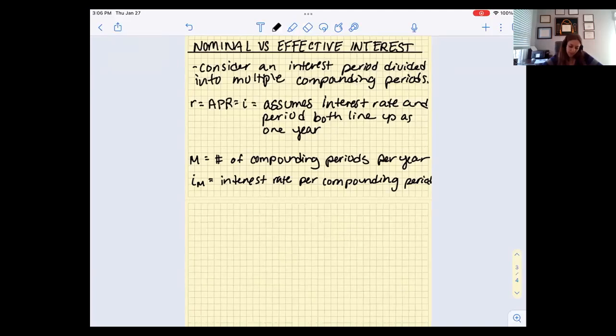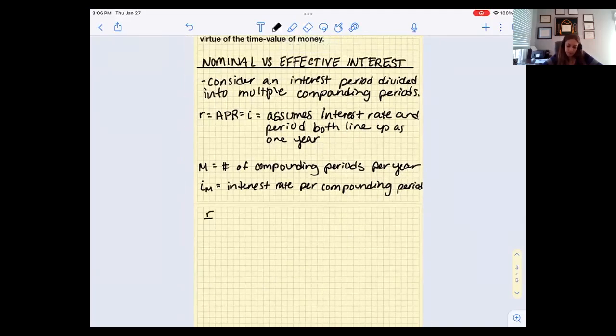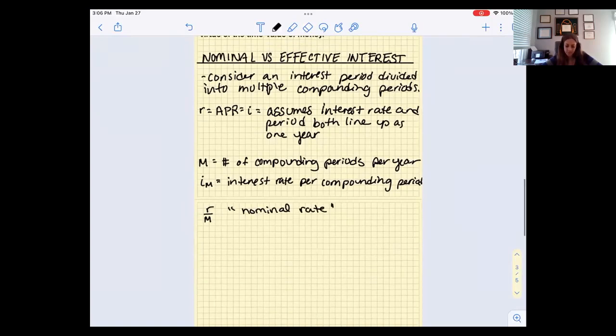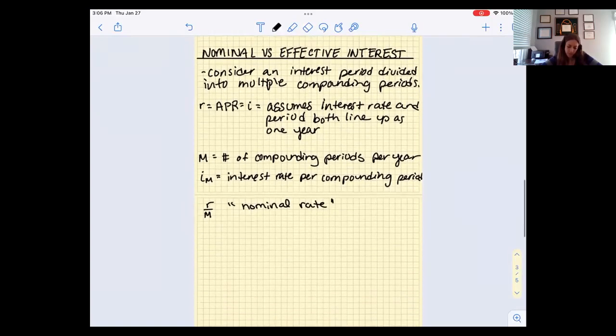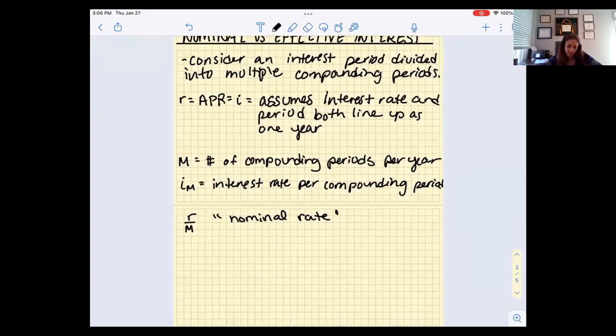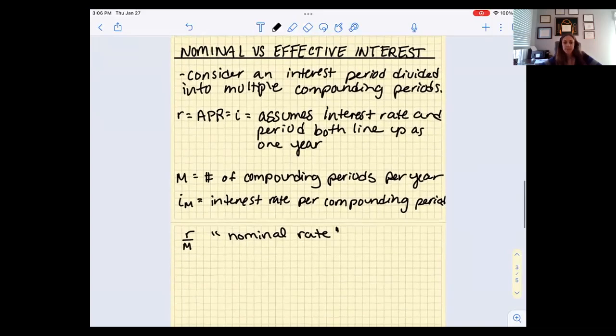The way we calculate I sub M is R over M, and we will call this the nominal rate. So we're taking the annual percentage rate, but dividing it by how many times it compounds a year. And that's the nominal rate.